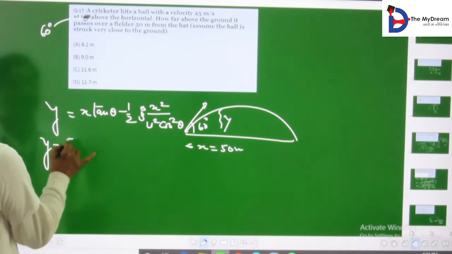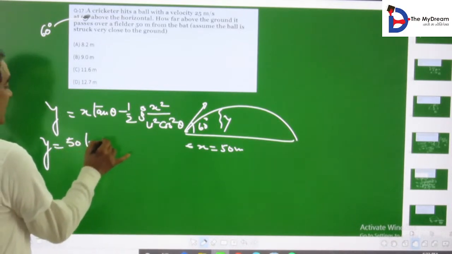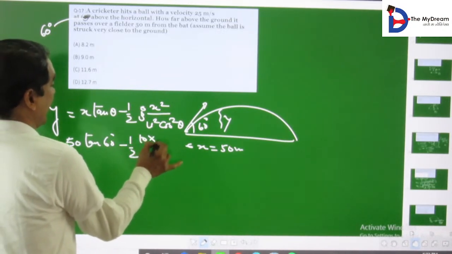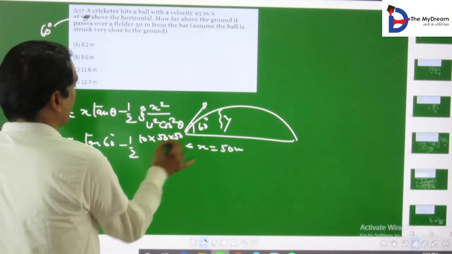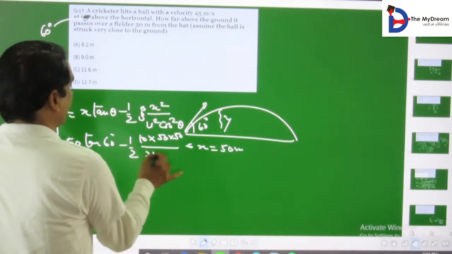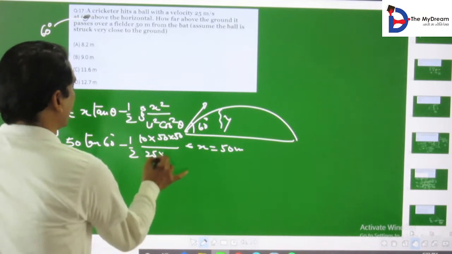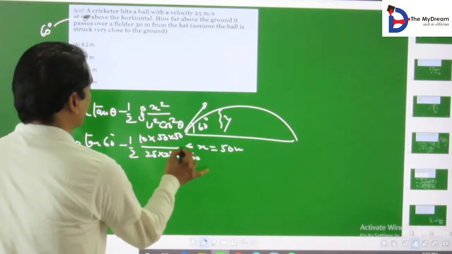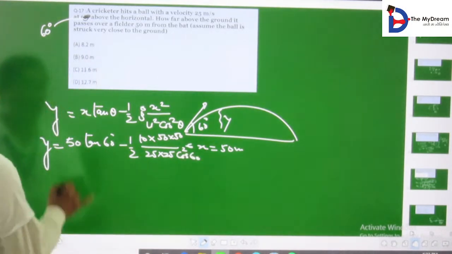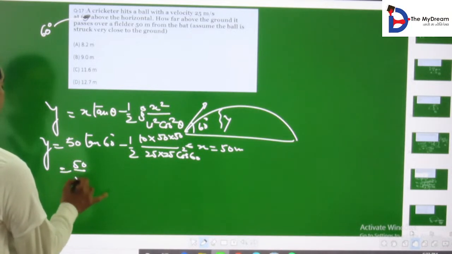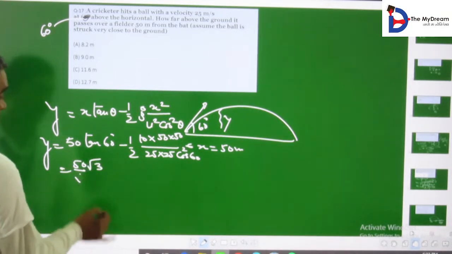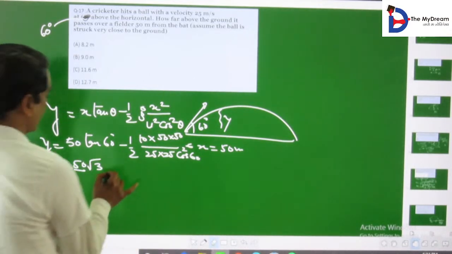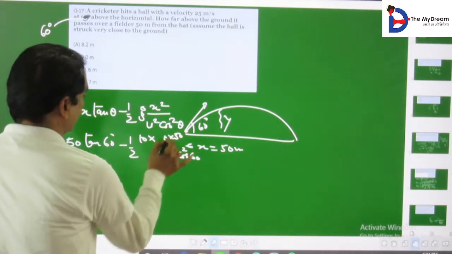This 50 is given to you, this is tan 60, half g value is 10, x is 50 and u is 25 into 25, and this is cos 60 square. 50 into root 3, sorry, 50 into root 3.